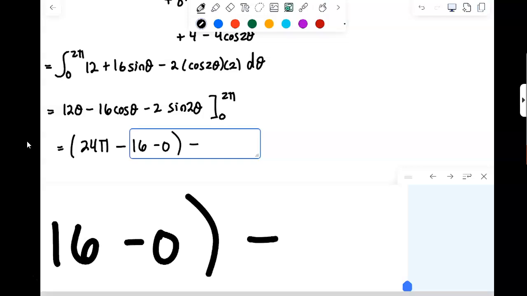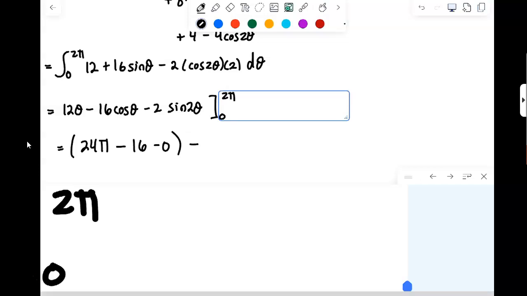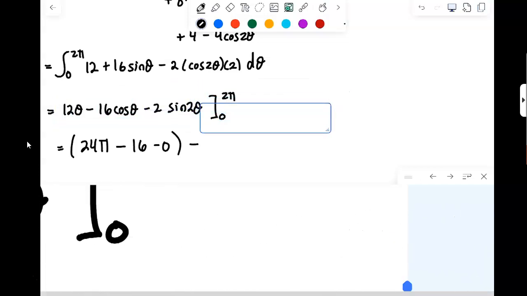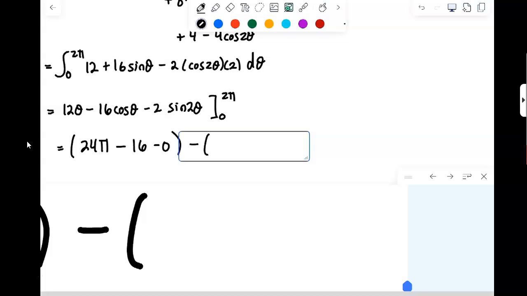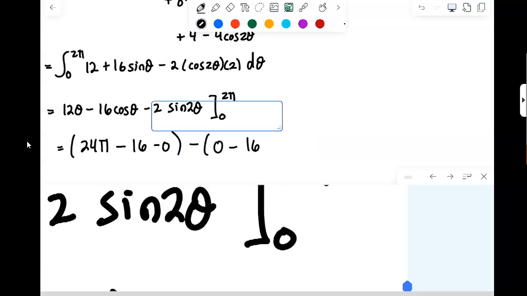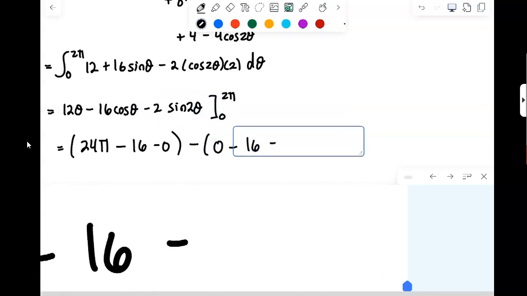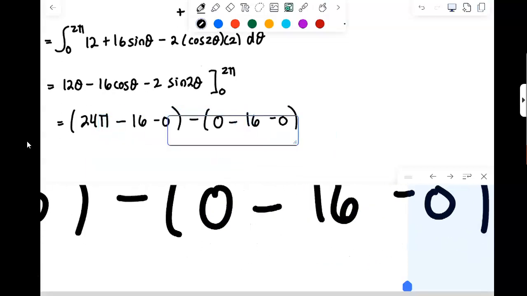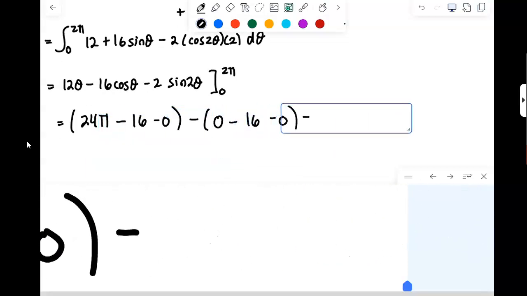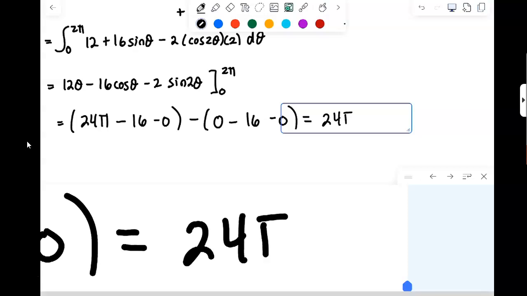And then minus, and then on the other side, plug in 0 for theta. 12 times 0 would be 0. Minus 16, cosine of 0 is 1. And sine of 0 is still 0. So what's actually going to happen is these 16 here and the 16 here are just going to cancel out. So the whole thing just becomes 24 pi. Just end up with an area of 24 pi.